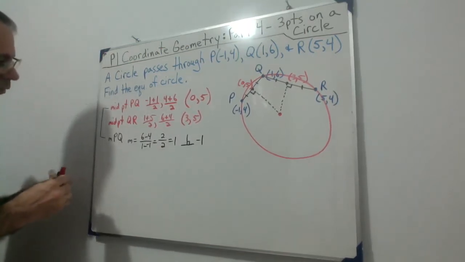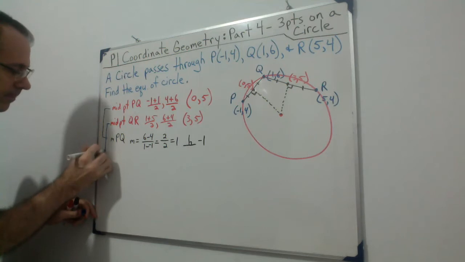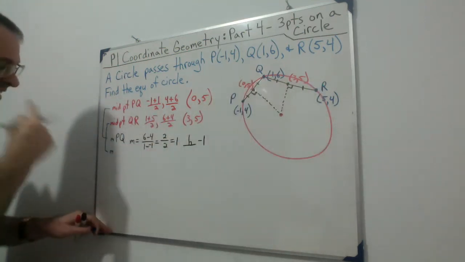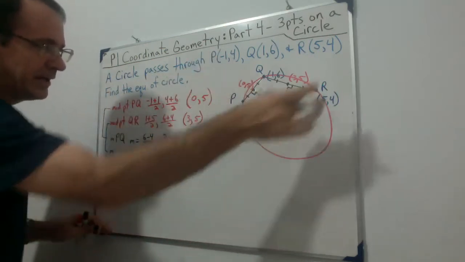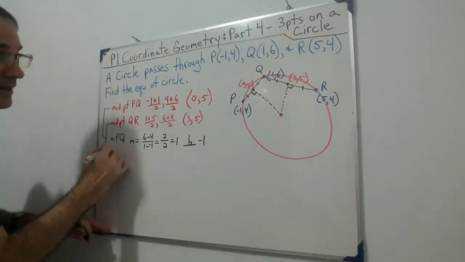Then we want to look at the slope of QR. Like I said, it doesn't matter if you do all of one perpendicular bisector separate from the other. I'm just doing midpoints and now slopes.